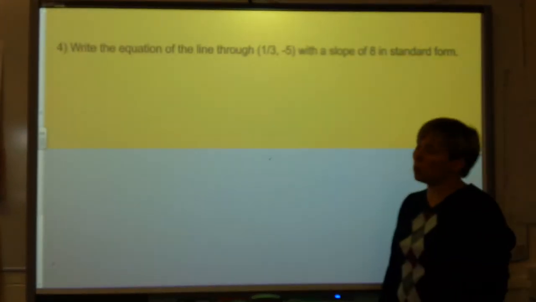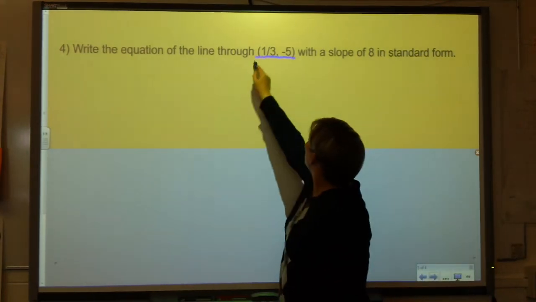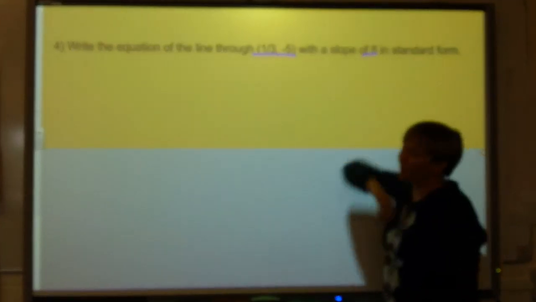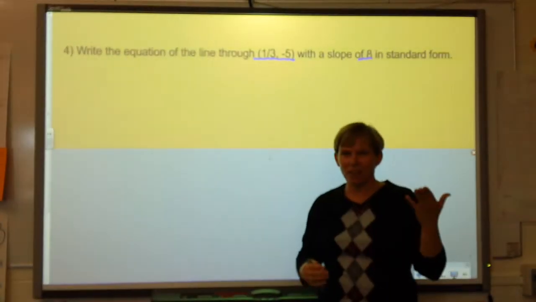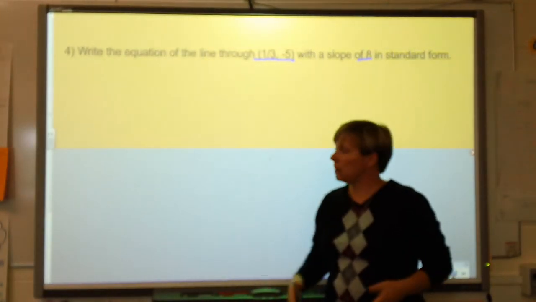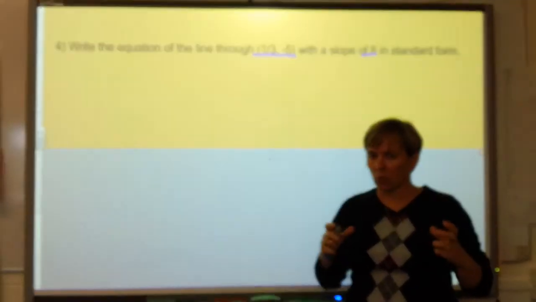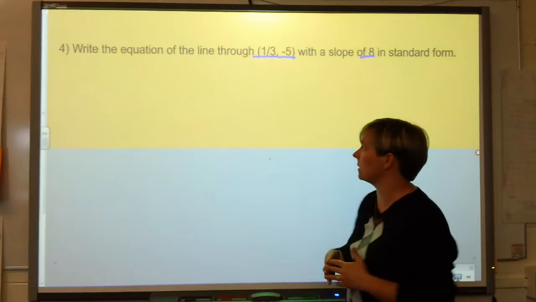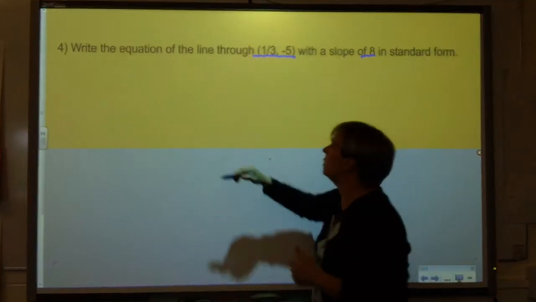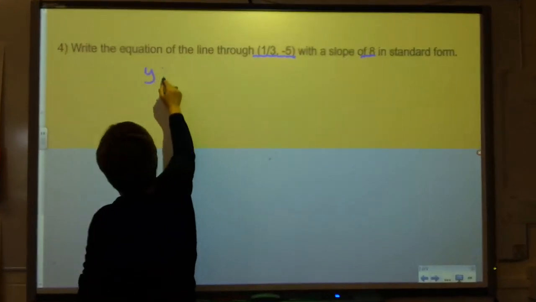Next one says write the equation of the line through this point with a slope of 8 in standard form. Again, because I have a point and a slope, it makes sense that I use point-slope form. By now we can remember that the way we get that form is by doing those cross products. So really I can plug right into that second step and say y plus 5.